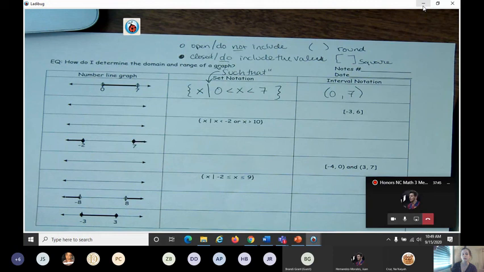This means I'm going to include that point. So when I have a closed circle, I could have less than or equal to or greater than or equal to. When I have open, I could have strictly less than or strictly greater than. All of those things are correlated with one another. What questions do you guys have on that second one?